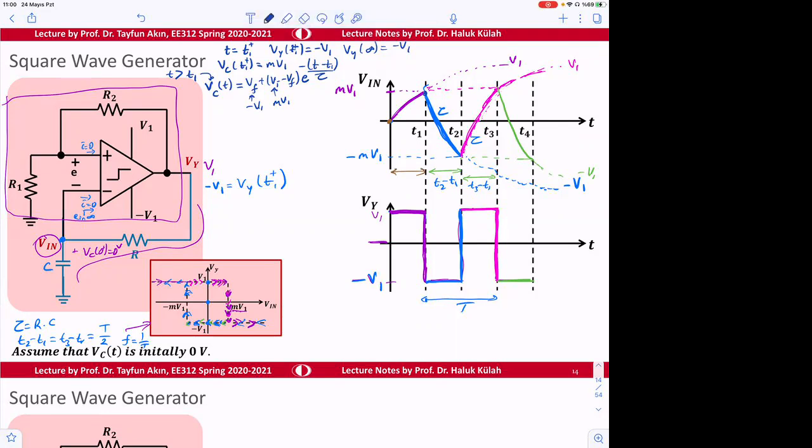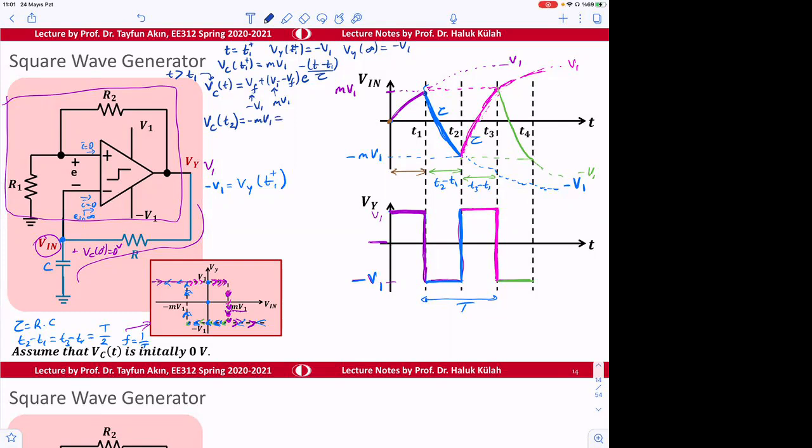Therefore, when Vc is equal to that at T2, that's what we want, and that's the value where voltage becomes minus MV1.